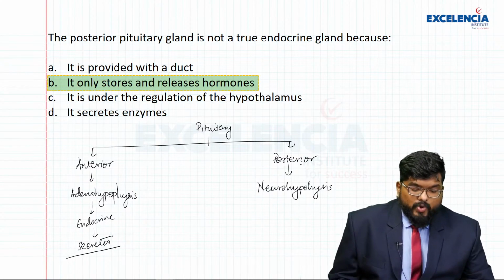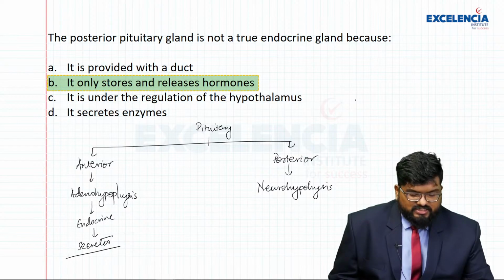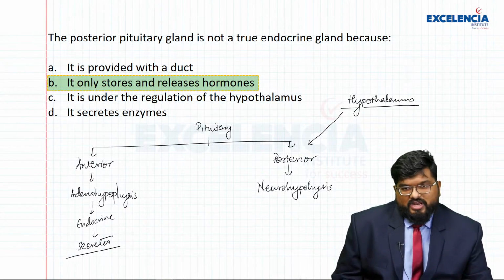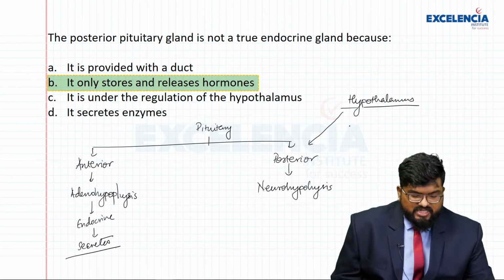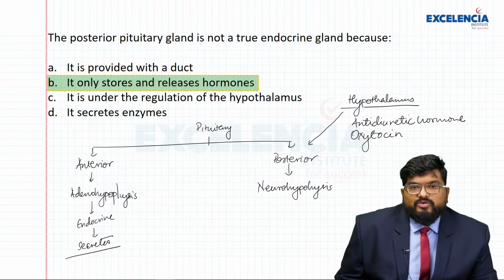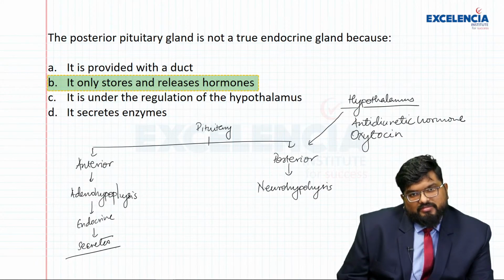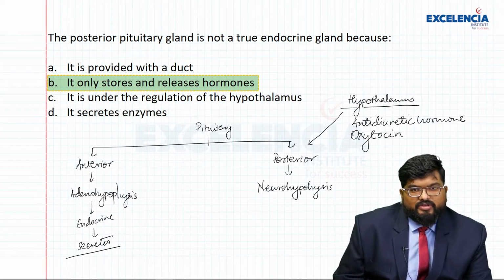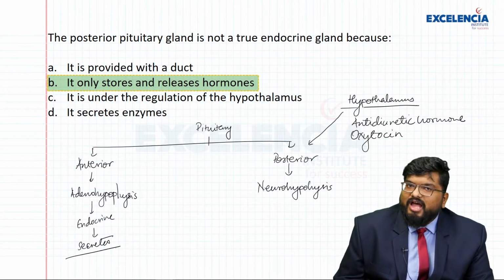The posterior, neurohypophysis, is in connection with the hypothalamus, so it receives secretions from the hypothalamus. The hypothalamus synthesizes antidiuretic hormone and oxytocin, and sends these hormones to the pituitary, where the pituitary stores them and releases them when signaled by the hypothalamus.